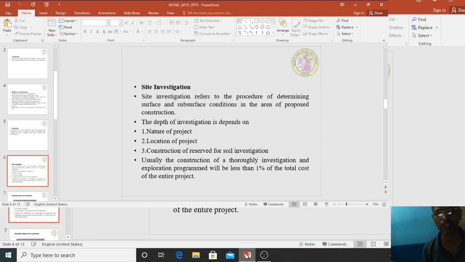Suppose you are constructing a 10 lakh rupee project and you spend 5 lakh rupees on investigation, nobody will accept it. The owner or contractor will never accept it. So there should be a capping limit on the money used for soil exploration, which depends on the project. Generally, less than 1% of the total project cost can be reserved for soil exploration.